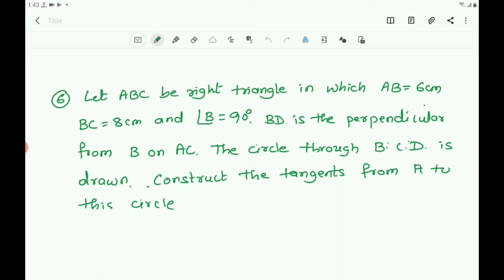To draw the circumcircle, we have to draw the perpendicular bisectors of the sides of the triangle BCD. The point at which the perpendicular bisectors meet is the center of the circumcircle, which passes through the points BCD. Then we have to construct the tangents to this circle from the point A, which is the vertex of the triangle ABC. Now let us observe the construction made.